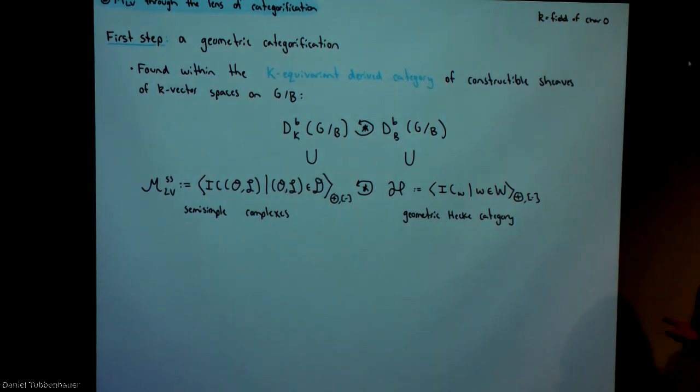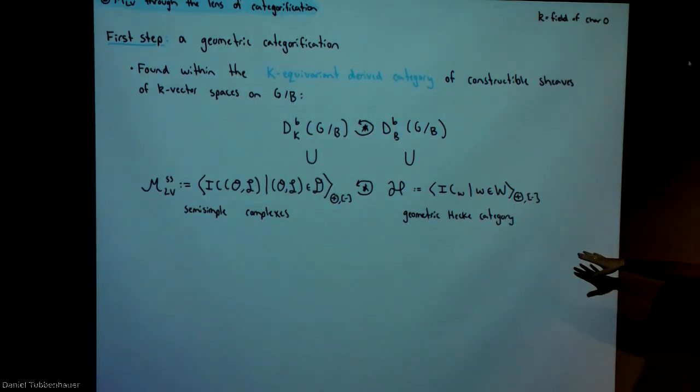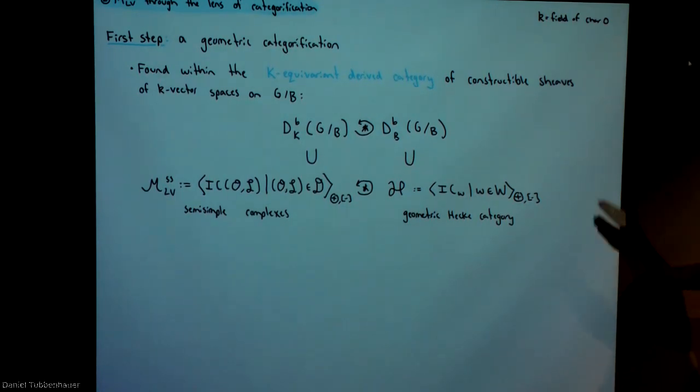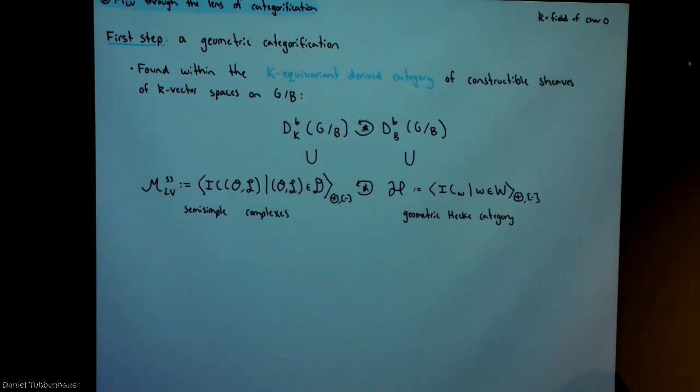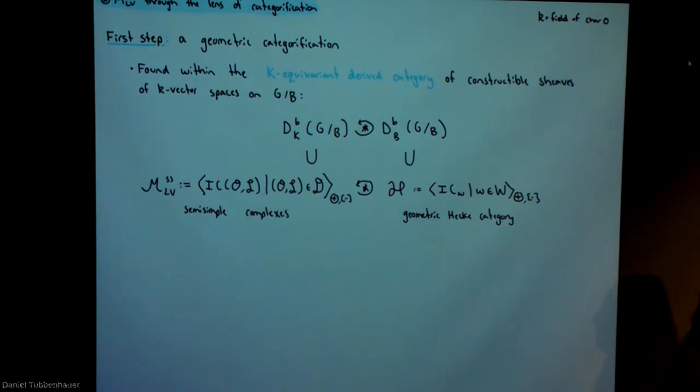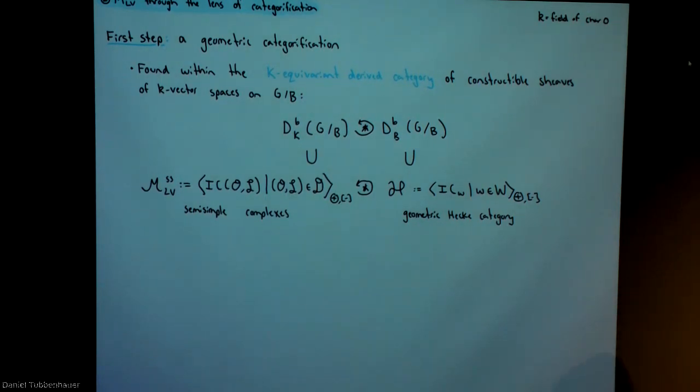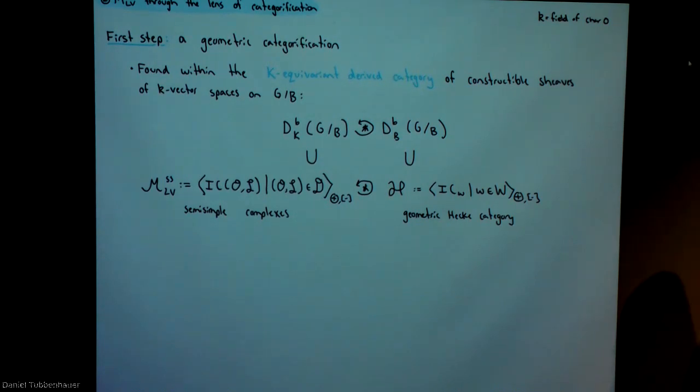And then we can just take this category where we just take direct sums of them, and this is some additive category. And this has a natural action of the geometric Hecke category, which is defined to be the semi-simple category within the B-equivariant derived category. So same construction, semi-simple IC sheaves, but now these are parameterized by elements of the Weyl group. And the reason why this category is stable under this action comes down to the decomposition theorem. But it turns out it is stable.